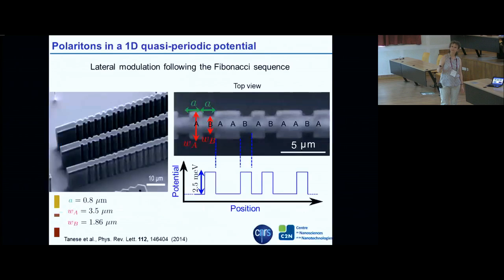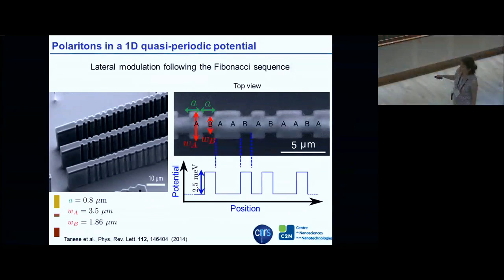So we take a one-dimensional wire, as I described several times during the lecture, and we are going to introduce a perturbation to this 1D dispersion by modulating the width, the transverse dimension of the wire, following this AB sequence. So A, for example, corresponds to a wider region of the wire, so a lower potential, and B corresponds to a narrower region of the wire, so a higher value of the potential.